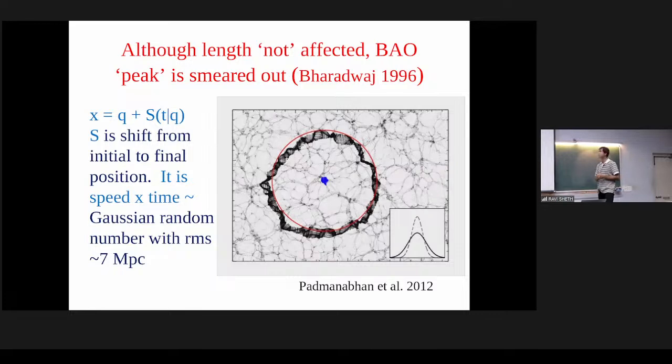There is one important thing that was first pointed out, not in the context of BAO, because this paper was before that, but the important thing is the following. The nice, clean circle gets smeared out because things have moved around in those 14 billion years. And you can see that things moved around. Nothing moved from this side to this side. Nothing moved 100 megaparsecs. Things are moving 10 megaparsecs.